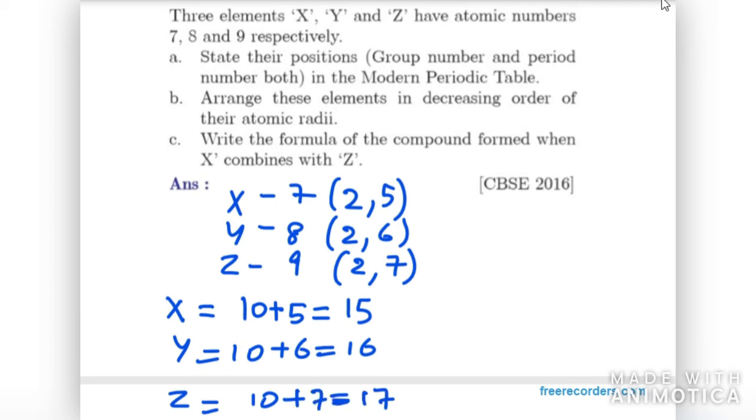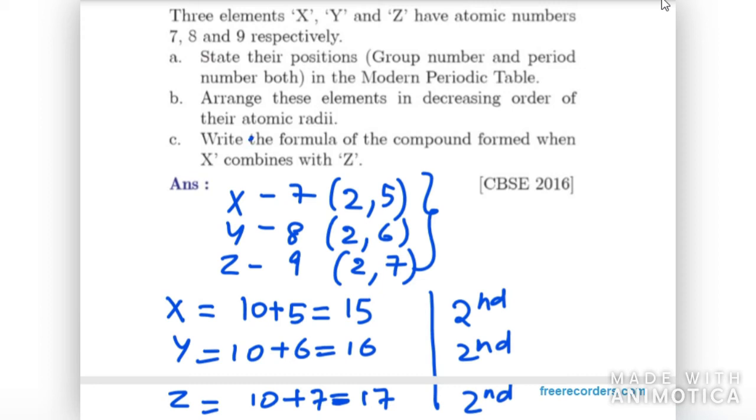For Z, 10 plus 7, so the group number is 17. Now we need to find the period for all. As you can see, they have two shells each, so the period will be second in each case.